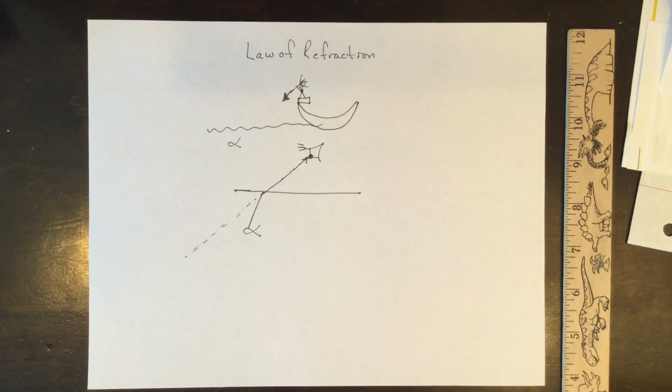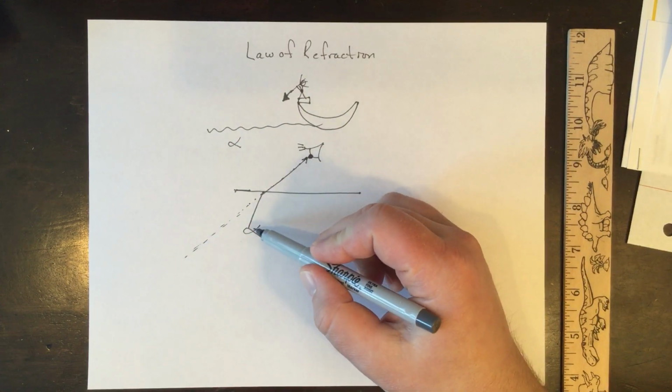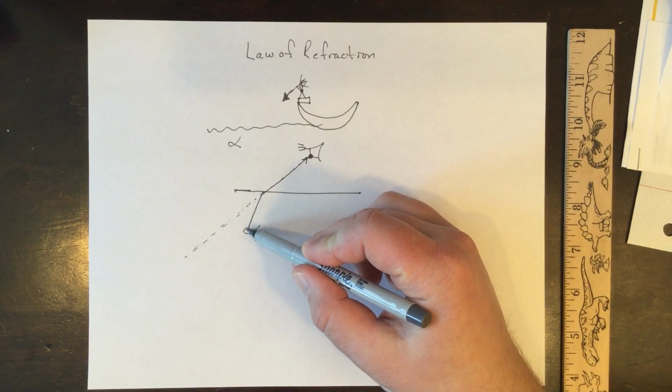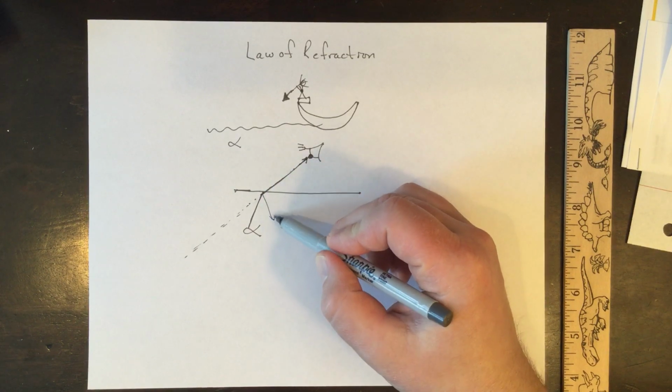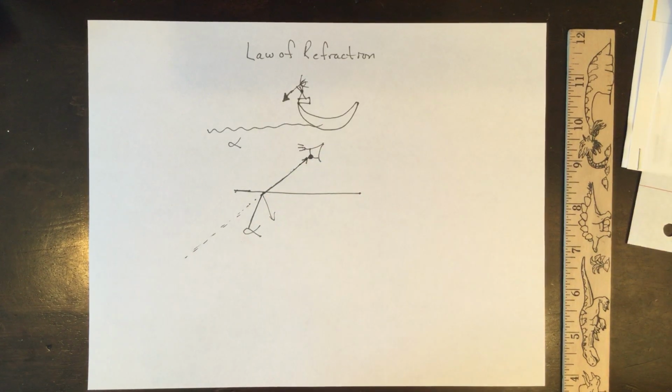And most of the time, we're going to get a little bit of reflection, like here's our light coming off the fish. We're going to get some refraction, and then we're also going to get reflection at the same exact time. Most of the time that occurs. Now, there are certain situations where it just doesn't, and that's going to be called total internal reflection.